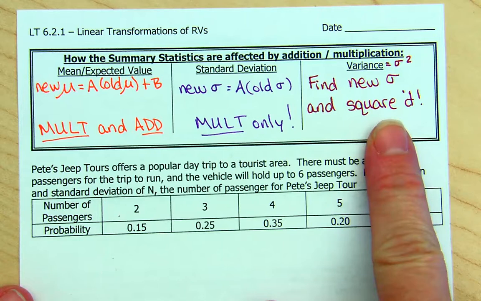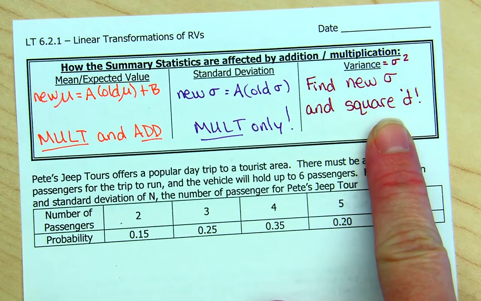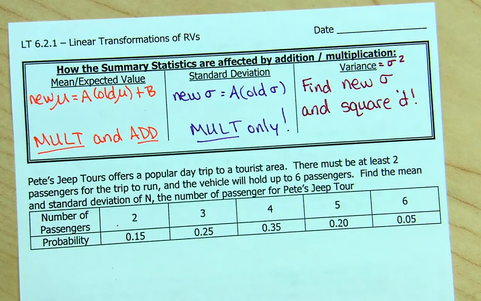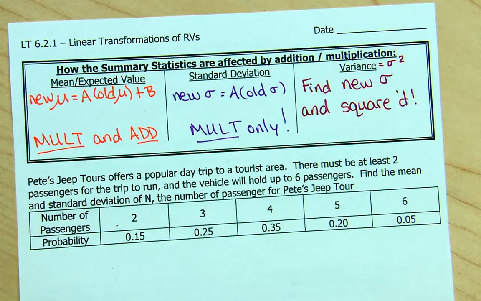This one, variance is not the old variance times the multiplier. Okay, because you multiply it here, then you square it, so it's really times the multiplier squared. But if you found standard deviation, just square it and get variance. It's the easier way. Okay.